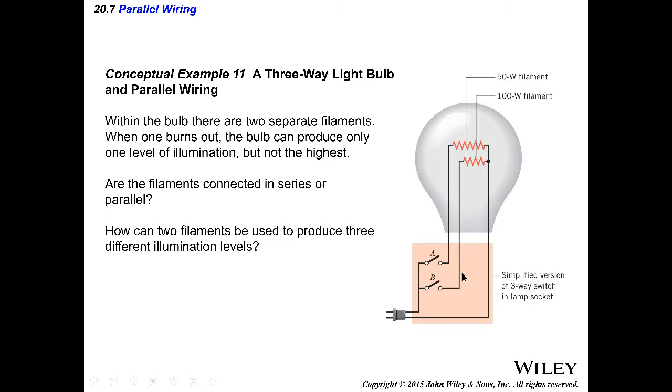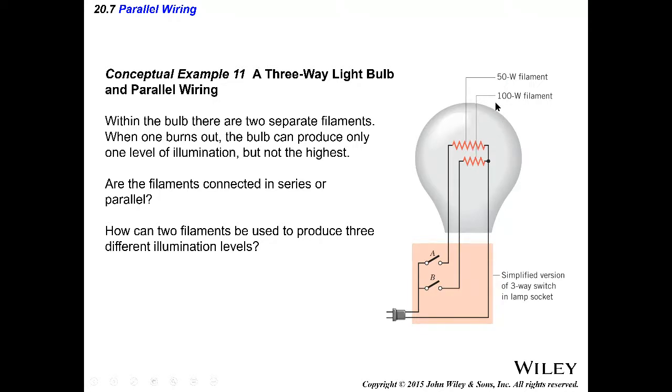And they show you how it works. So here is the circuit. This comes from the household circuit. You have a plug in, so you know it is 120 volts, right? And now inside this lamp, there are 2 filaments, meaning 2 resistors.